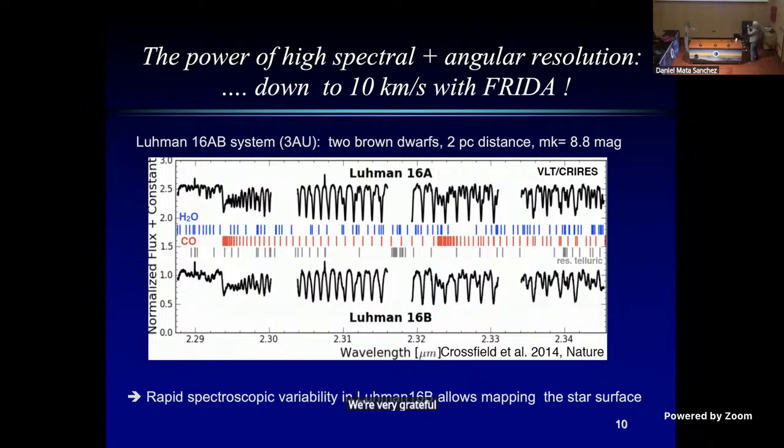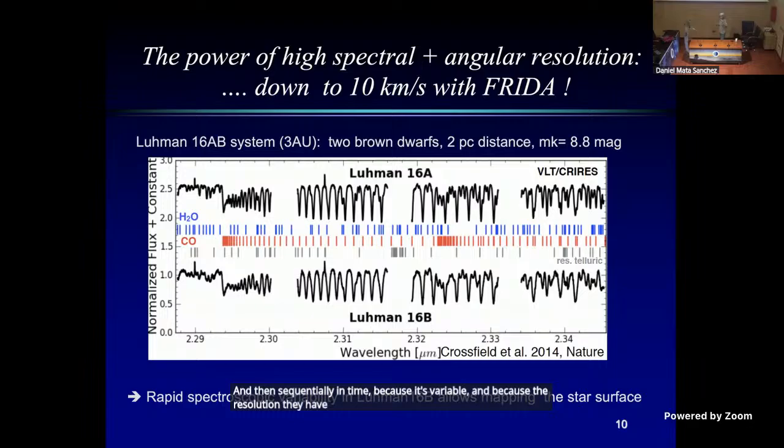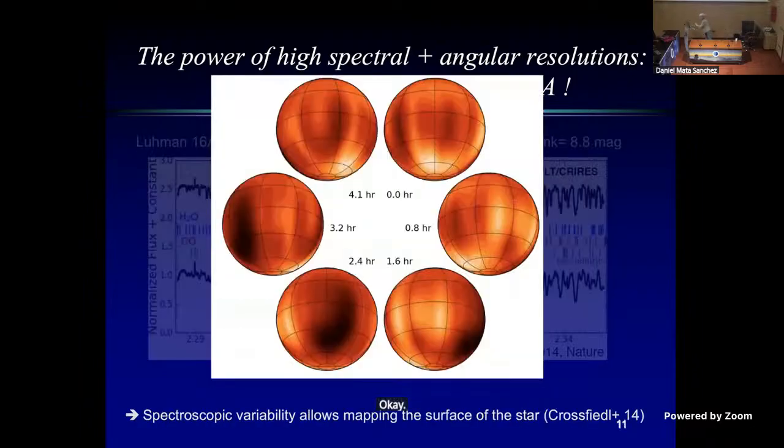So what this group of people did is that they monitored one of the companions sequentially in time, because it's variable, and because of the resolution they have along the slit, they could sample the surface of the star. So they reconstruct the atmosphere, the surface of the star.